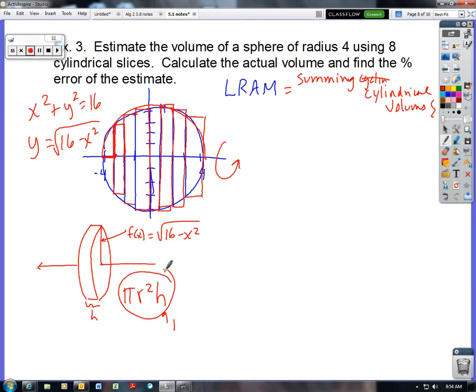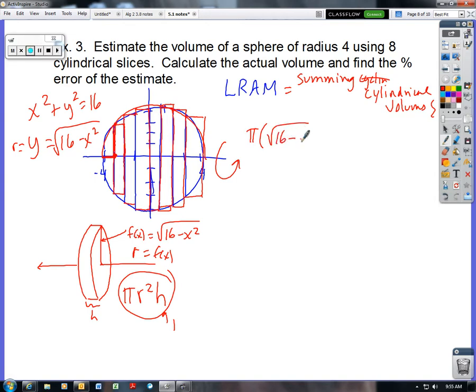So I'm going to pull out 1 pi out front, or just pi in this case, and all I'm going to be summing are the r squareds. The r is the same as the y. We saw that over here on my picture. F of x, that is your r. The r is f of x. So I'm going to be putting in my r's and squaring them. The r is the square root of 16 minus x squared.